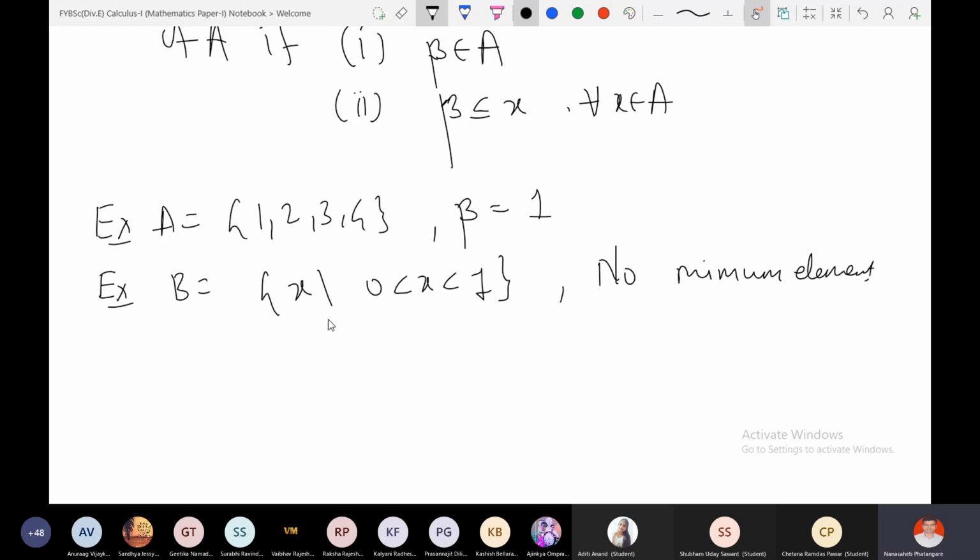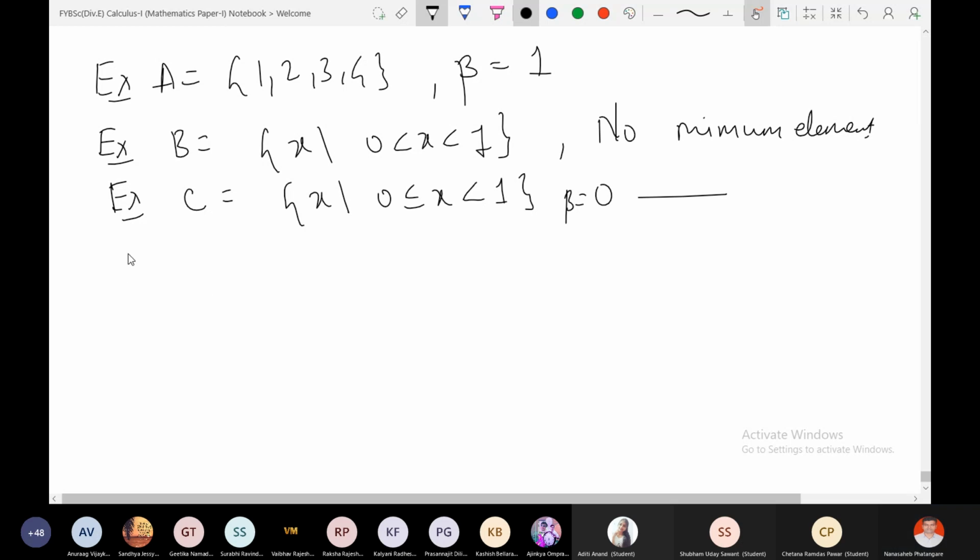This set does not have a minimum element, by the same logic as we did for the maximum element of the interval. If you look at X such that 0 less than or equal to X less than 1, then beta equal to 0 is the minimum element, correct? Yes.